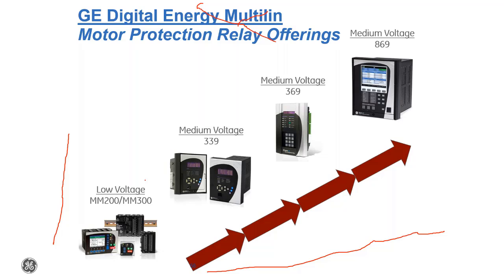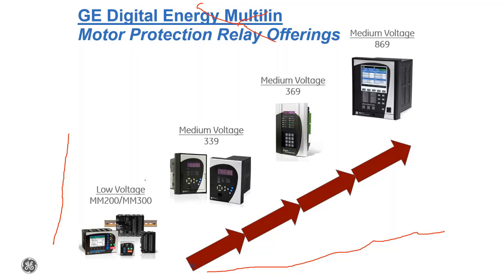Next up on the model is the 369. 369 has been around a long time. It's still around. What you don't see on this list is the 469 anymore. You don't see the 269. The 269 has been obsoleted. I don't show the 469 on this graphic because obsolescence plans have been announced for the SRs.